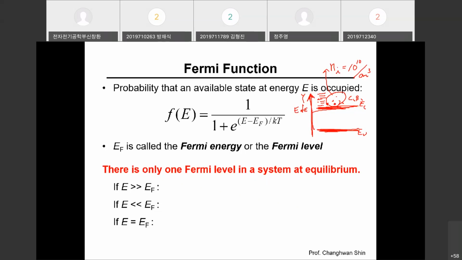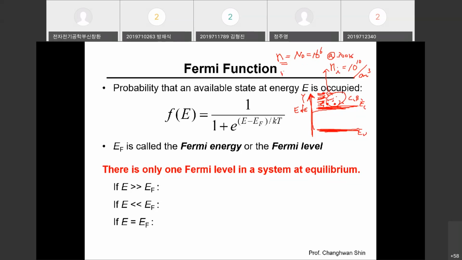So at each energy state here and there, how many electrons are found at each energy level? In other words, we know the total number of electrons. Say if the donor concentration is 10 to the 16, then the electron concentration is 10 to the 16 at room temperature, because all the donors are fully ionized.